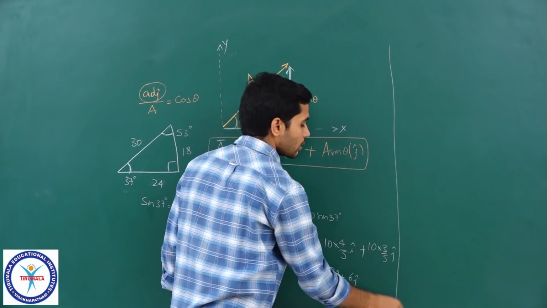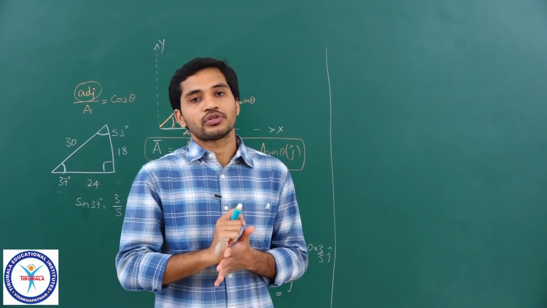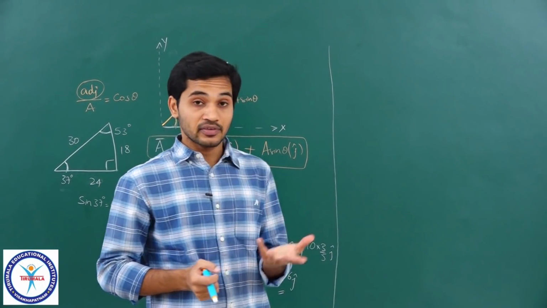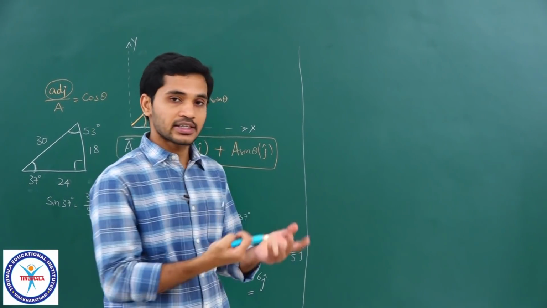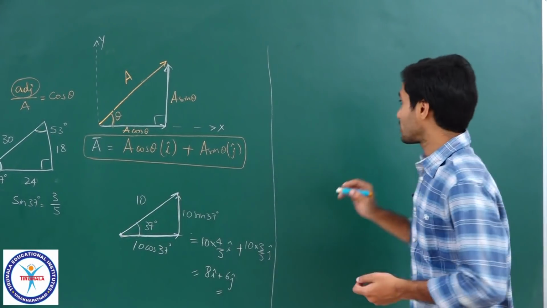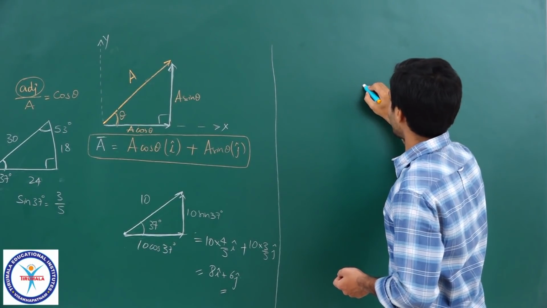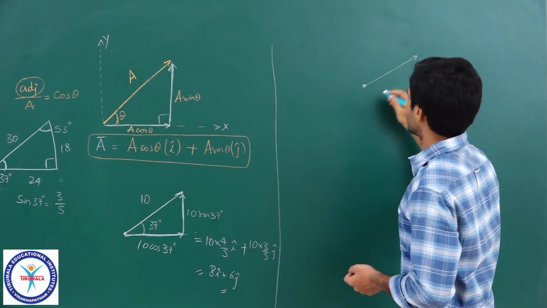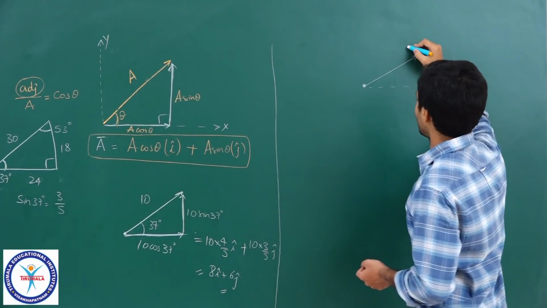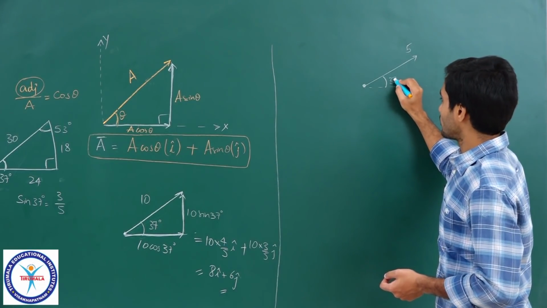Now let us see how we can use this concept of resolution of vectors for adding vectors. Let us directly take an example to understand it. Please observe here. If they have given us two vectors, let us say one vector is in this direction, having a magnitude of 5 and making an angle of 37.